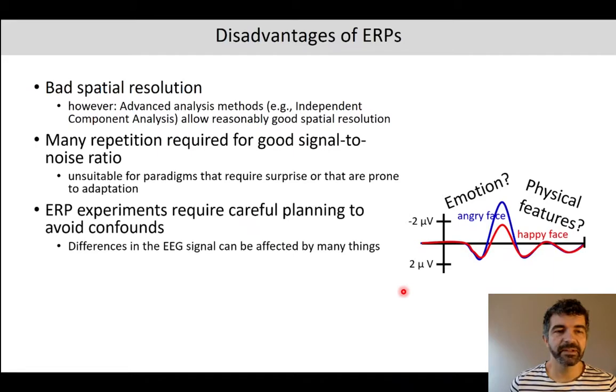Another disadvantage is that ERPs are sometimes particularly tricky when you plan the experimental design. Researchers that are not used to using ERPs or EEG, but behavioral studies rather, sometimes struggle with some confounds that might only be a problem in the EEG world, but not in behavioral experiments.